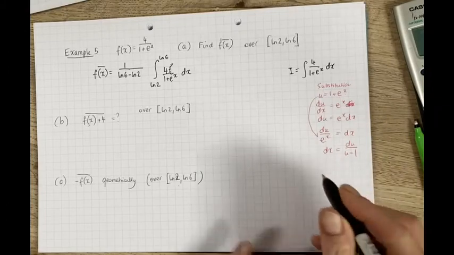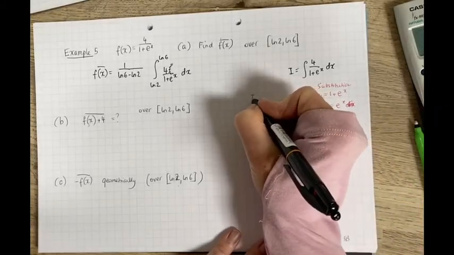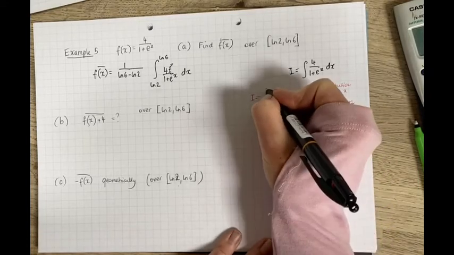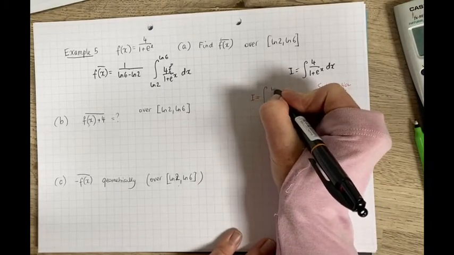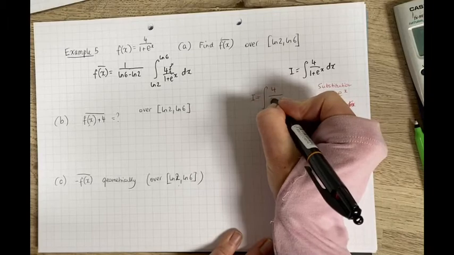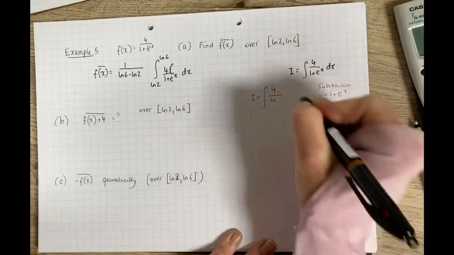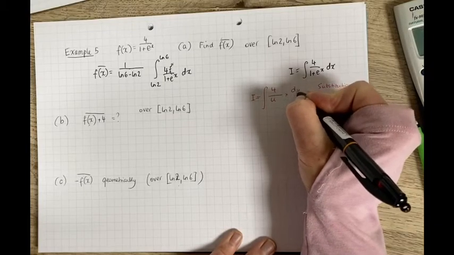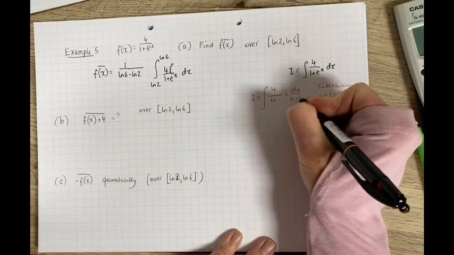Okay, I'm ready to do the substituting. So I is going to be equal to the integral of 4 over u, and then you've got du over u minus 1.